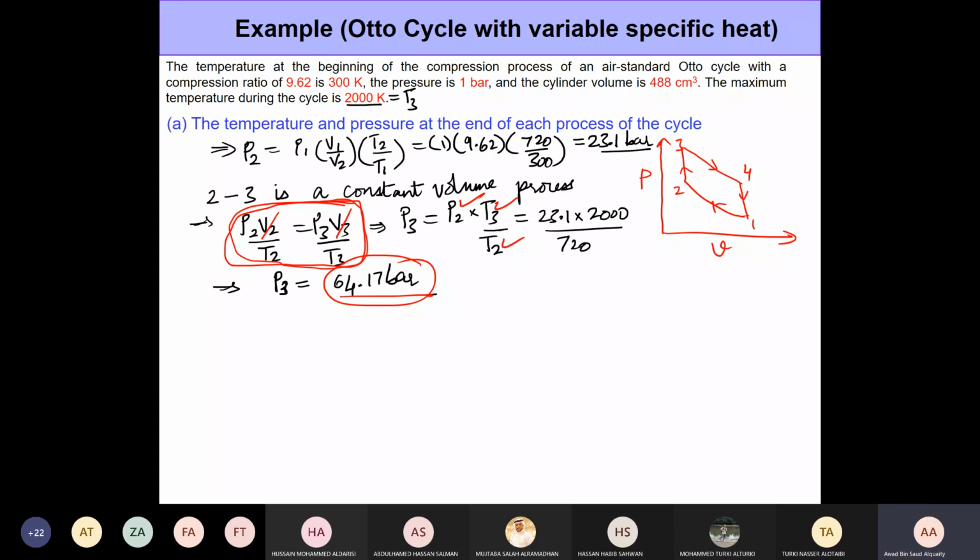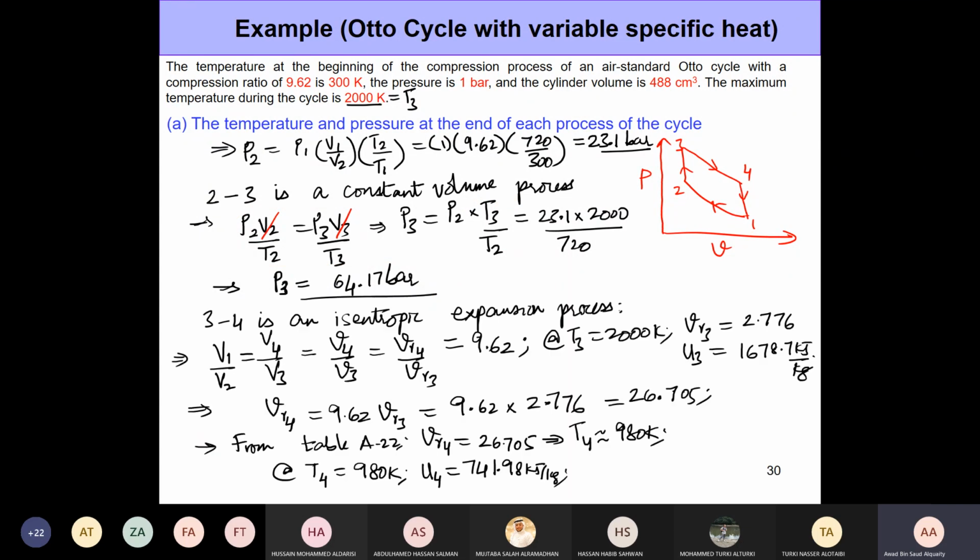Now the way we are going to determine the pressure and temperature at state 4 is very similar to what we did for determining the pressure and temperature at state 2, given the values at state 1. 1 to 2 and 3 to 4 are isentropic processes, so this is the place where we can make use of those relative pressures, relative specific volumes, and so on. Since 3 to 4 is isentropic, we can relate the ratio of specific volumes to the ratio of relative specific volumes, VR4 by VR3.